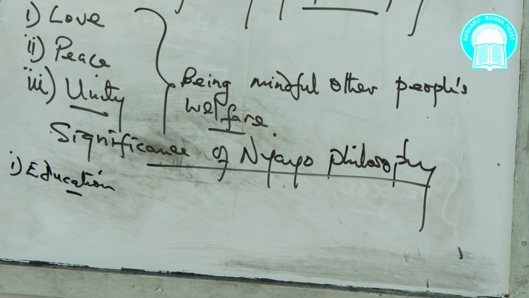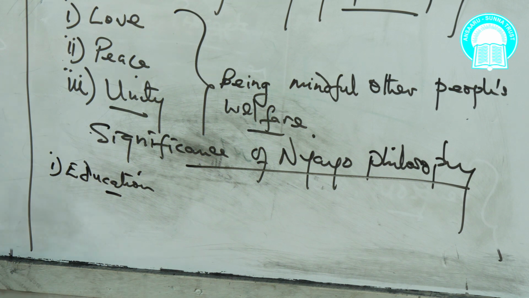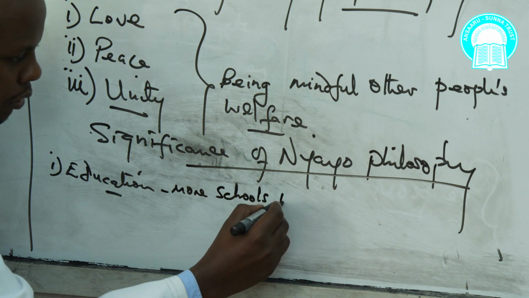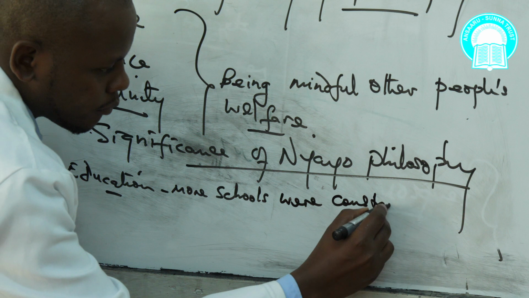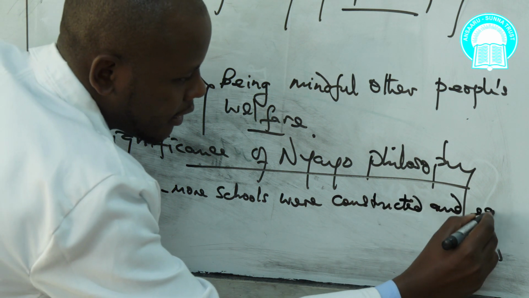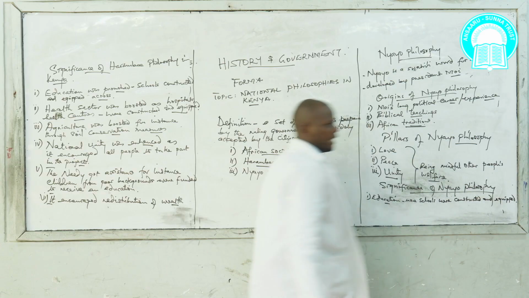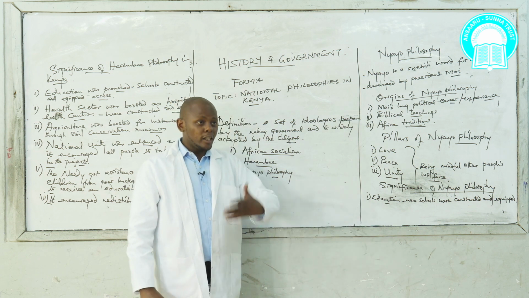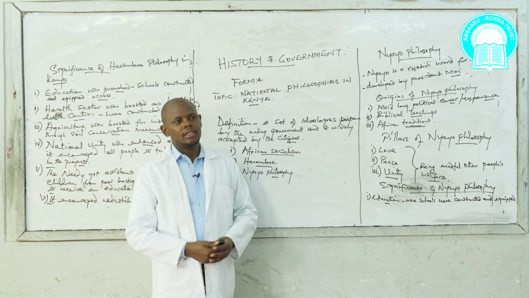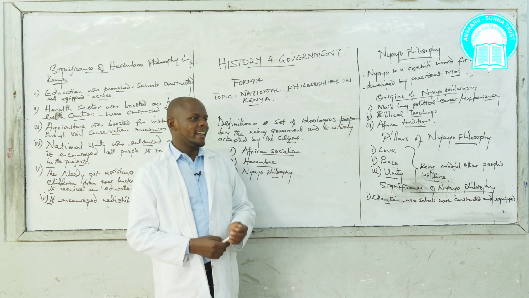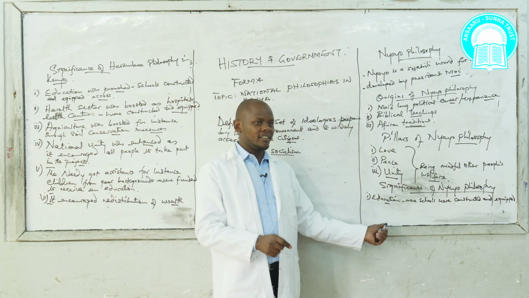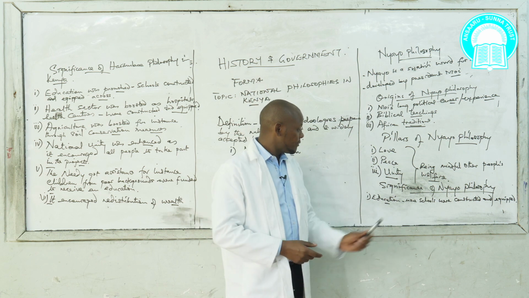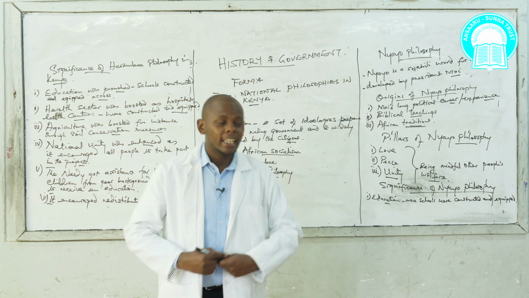Through the concept of Nyayo or Nyayoism, more schools were constructed and equipped, and especially the girl child education was a great beneficiary of Nyayo philosophy. For example, if you go across the country, in every province, in every district, there is a Moi girls' school, which was financed from the proceeds of Nyayo philosophy. So to that extent, you can see Nyayo philosophy boosted education in Kenya.